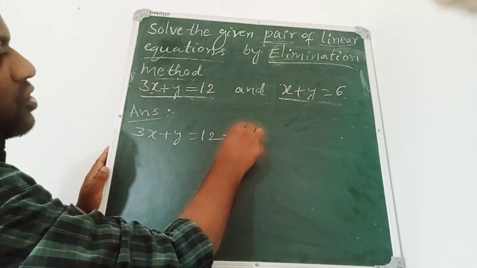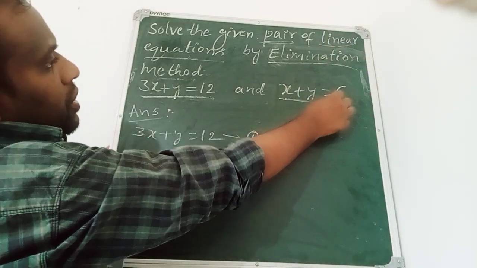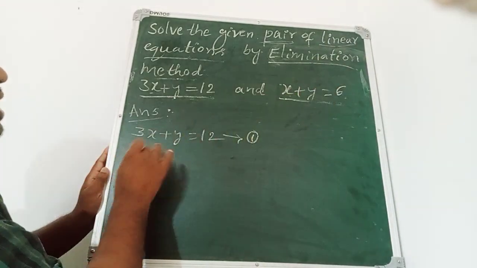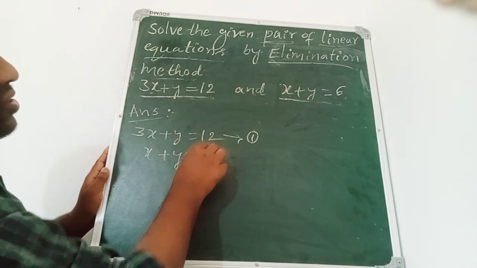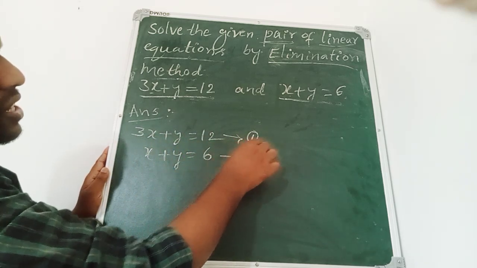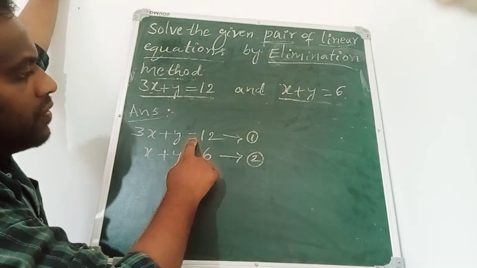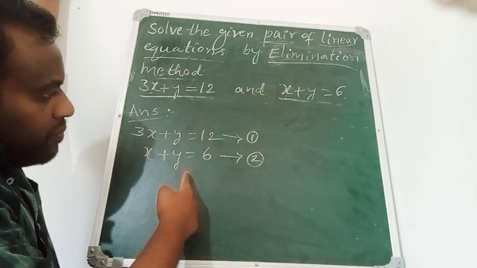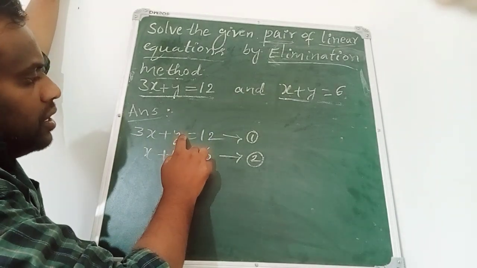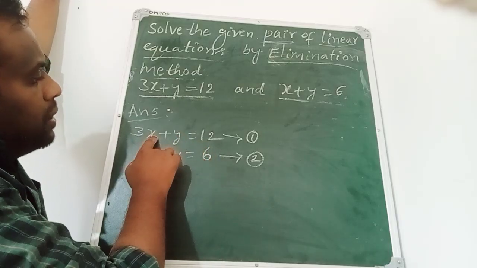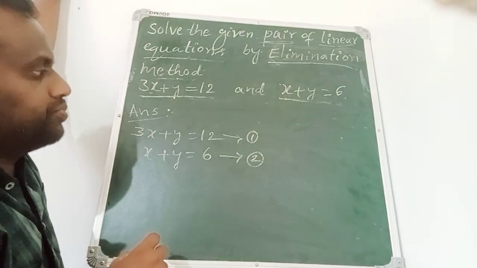Call this equation 1. Now take this equation and write it here again: x plus y is equal to 6, and call this equation 2. Be careful: the equal signs should be in one line, one below the other, with y below y and x below x. Like that you have to write equation 2.